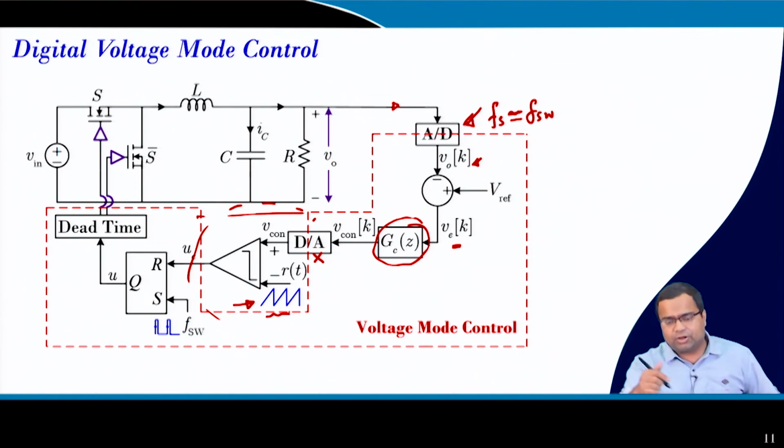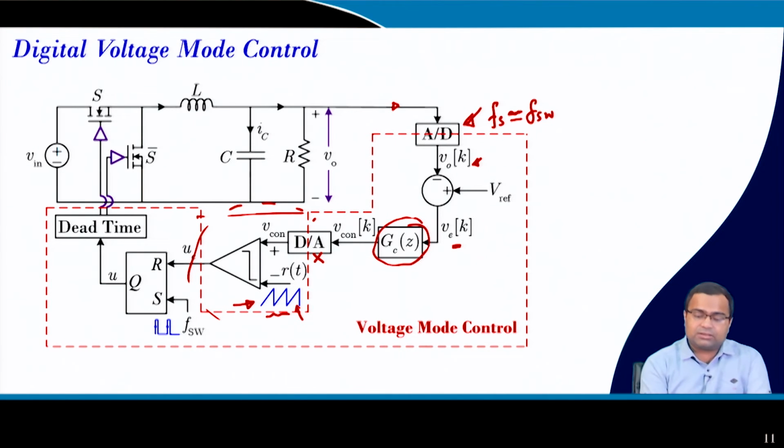But in some cases people prefer to use the sawtooth waveform outside, because there are certain restrictions due to the sawtooth which will impose a constraint on the duty ratio, since this is responsible for the resolution of the duty ratio. So, in order to improve the resolution, sometimes designers also consider a D2A, but again you have to pay a price for the D2A converter.